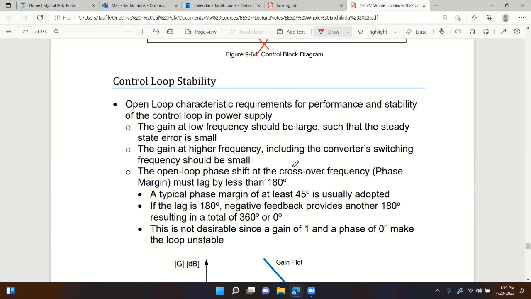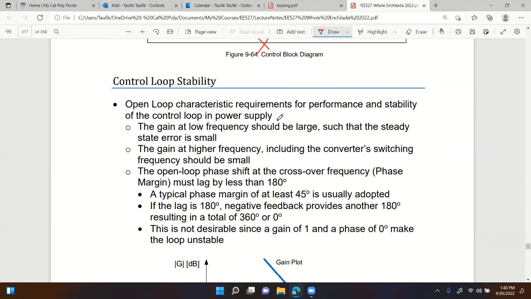In order to do that, we need a very small, minus dB gain for the high frequency components. So to me, this makes sense. Any question on these two first? So again, low frequency, high gain; high frequency, low gain, right? Always the opposite. That's the way I memorize this.